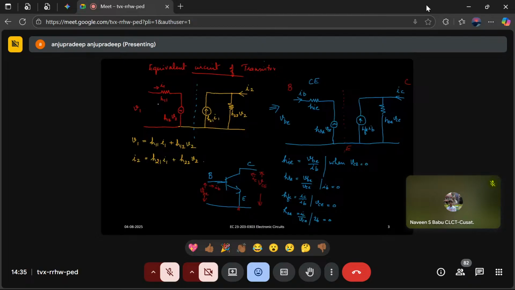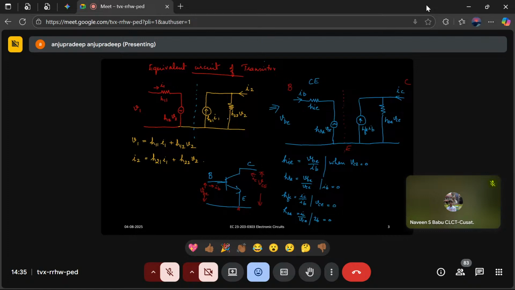What you have on the left side is the input side, and on the right side you have the output side. So here also that dotted line is shown. At the input side you have V1 equal to H11 I1 plus H12 into V2. That corresponds to the first equation, in terms of voltage, so you have a Thevenin equivalent, a series connection.